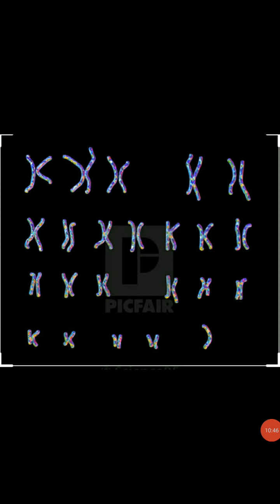Now children, this is the karyotype of Turner syndrome. It is also known as 45X or 45XO. That is a condition in which a female is completely missing an X chromosome.